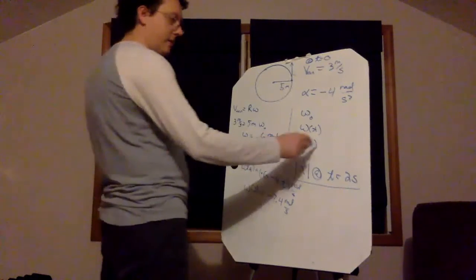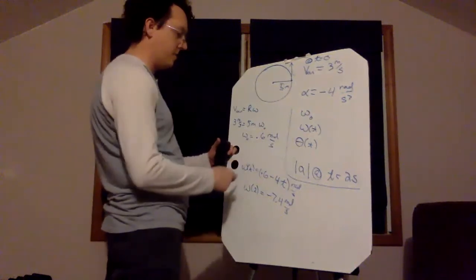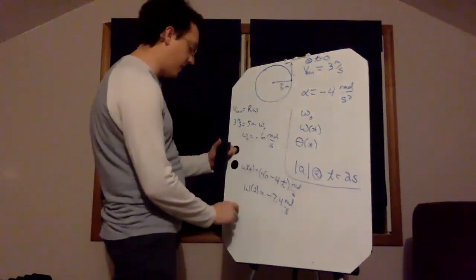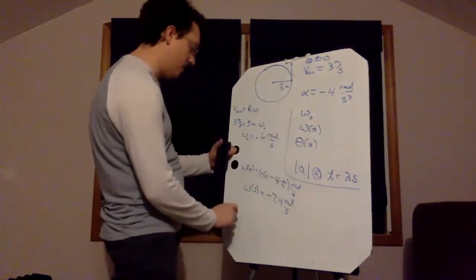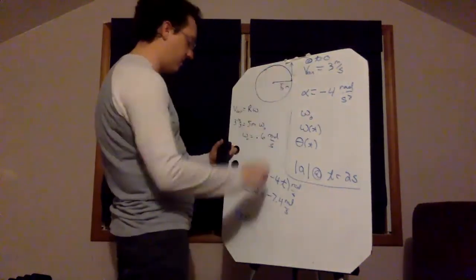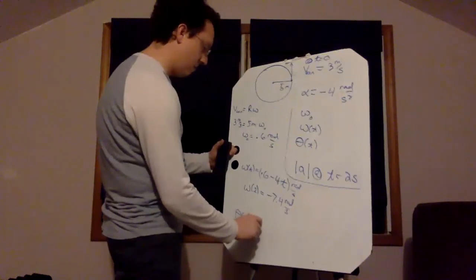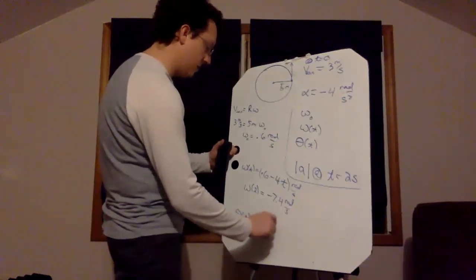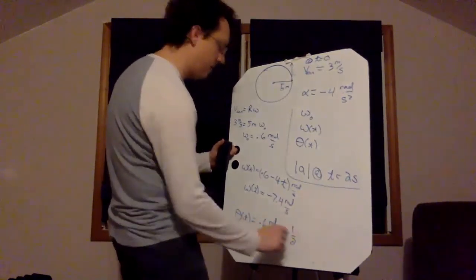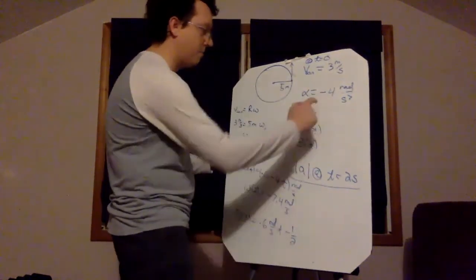And then finally, we want theta as a function of time. Well, if we know omega is a function of time and alpha is a constant, we can use the second kinematic equation to get theta as a function of time. Let's say it started out at 0, then theta is 0.6 radians per second times time minus 1/2 alpha, sorry, the minus sign came from the minus sign in alpha.